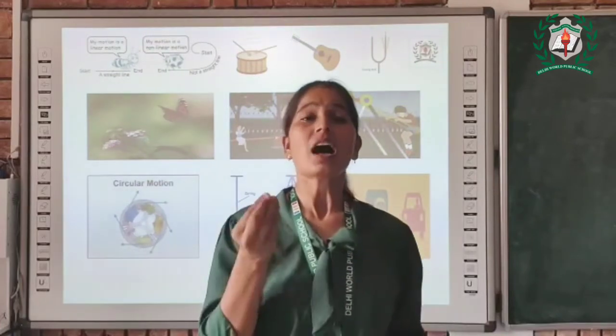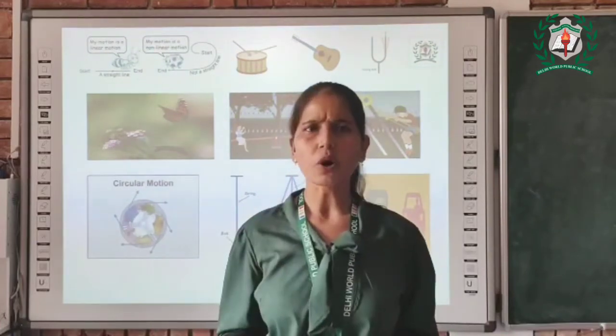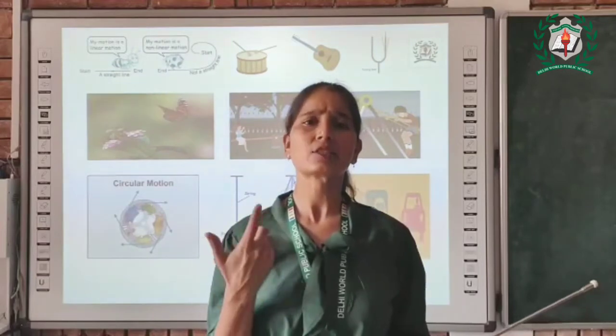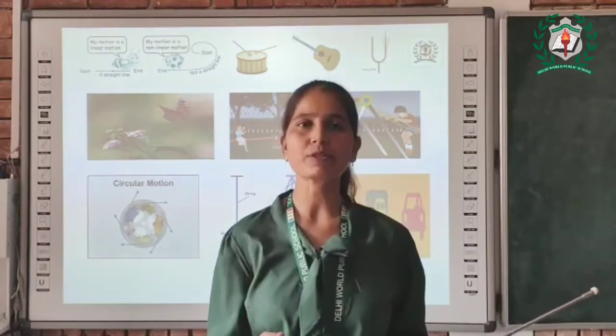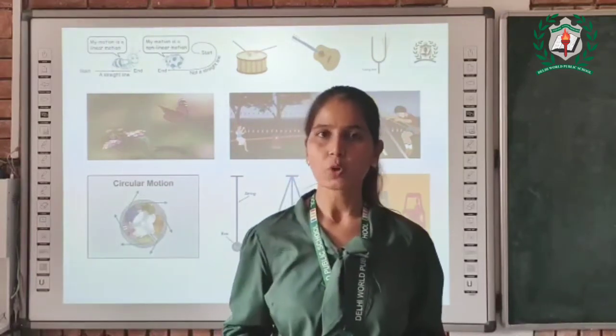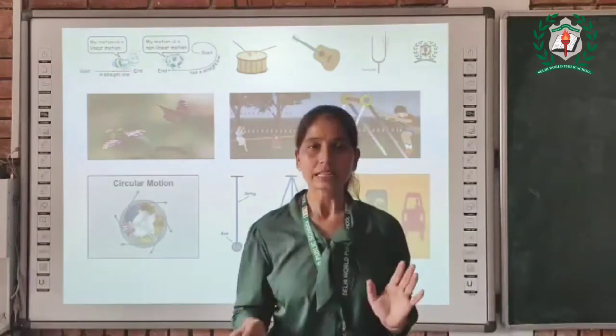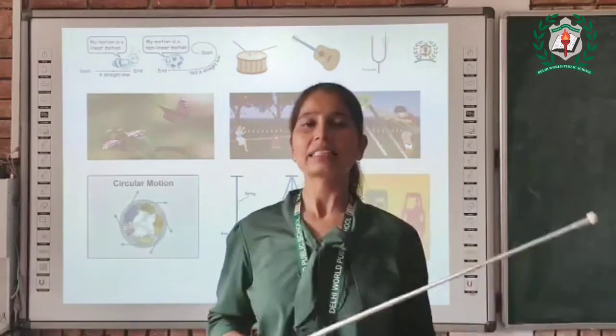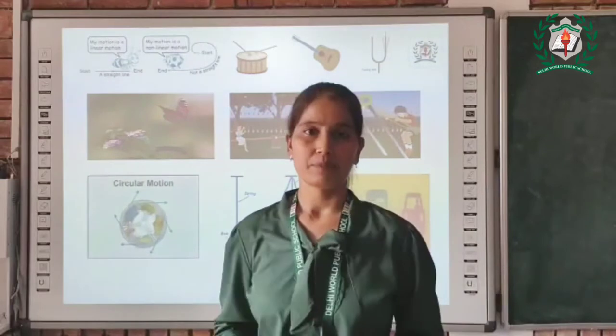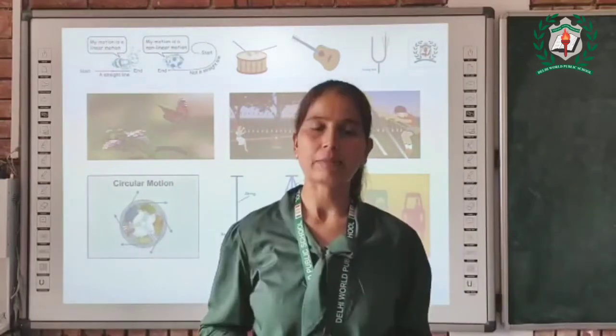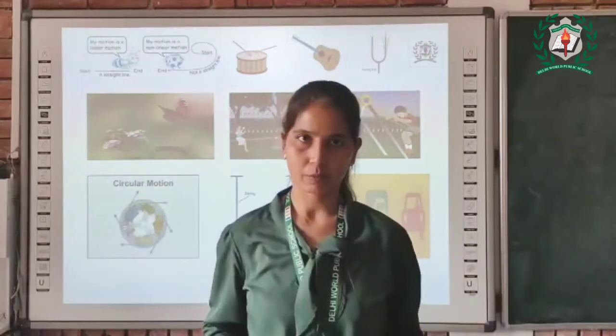For example, earthquake, eruption of a volcano, landslides, storm. These are all examples of non-periodic motion, because these things do not happen at the same interval of time or at a particular time.